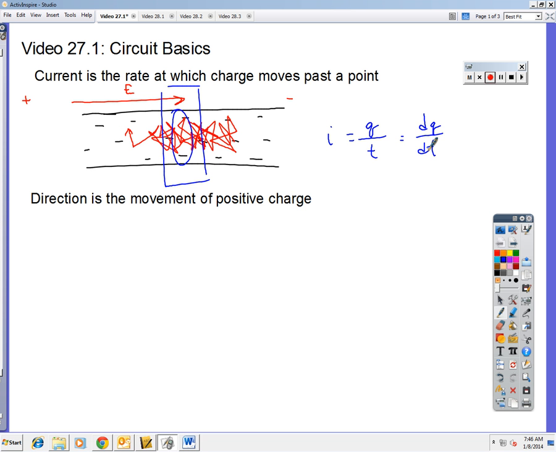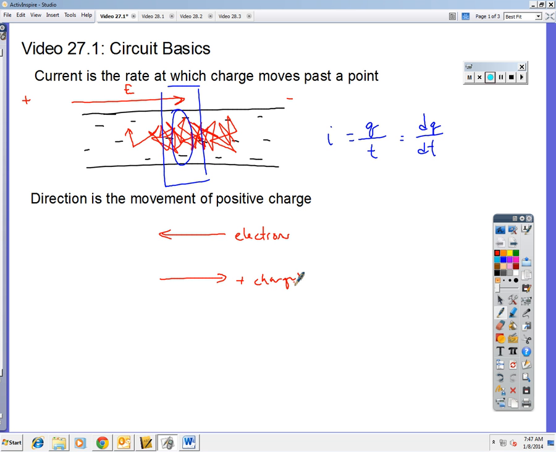And we know that electrons, in metals at least, are the charge carriers, they're the moving charges. But for historical reasons, we say that current is the movement of positive charge. In this case, the electrons are moving this way. But it turns out that that's equivalent to positive charges moving the opposite direction.